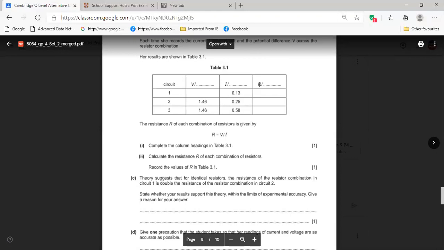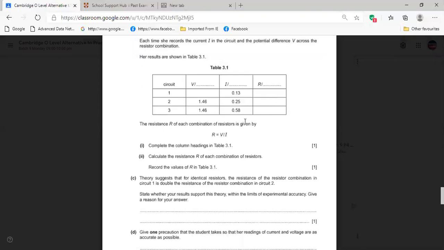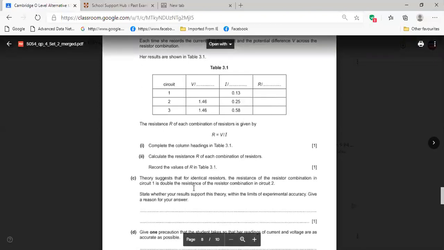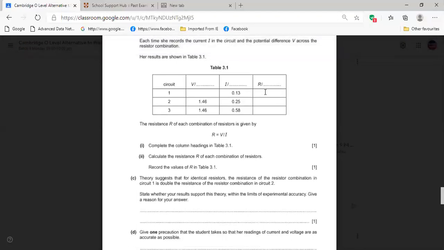Look, we are talking about circuit 1 and 2, right? In circuit 1, what value did you get? 11.38. Then in the second circuit, 5.84. If you double 5.84, what does it come to?